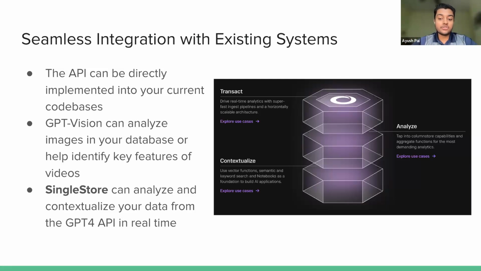And when combined, GPT Vision and SingleStore can offer a powerful duo and can analyze and contextualize data in real time. This synergy allows businesses to perform complex queries, including vector functions and semantic searches, to drive more informed decisions and innovative AI applications. The result is a robust and intelligent data ecosystem that is primed for the future of analytics.